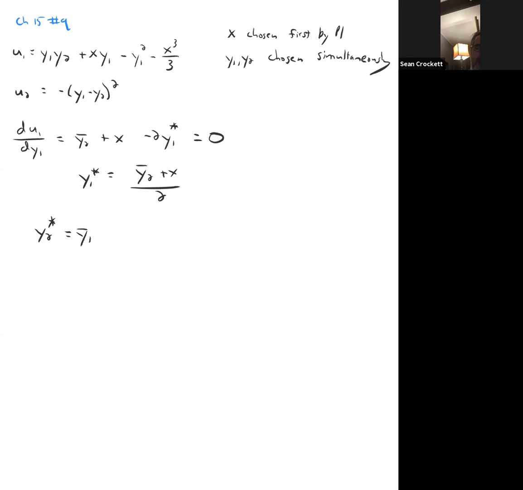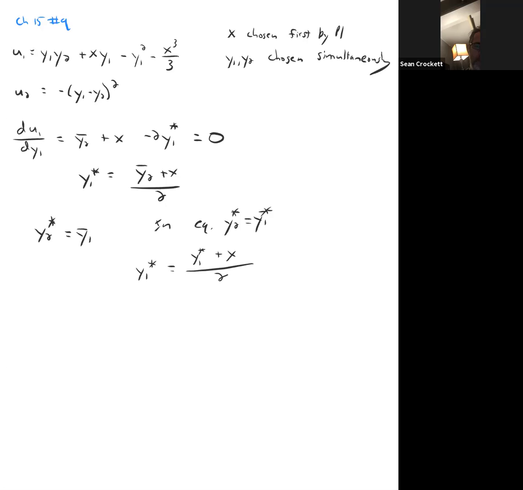Okay, and so now in the second period, they have to play an equilibrium in that subgame. So in equilibrium, y2 star equals y1 star. Okay, and so y1 star equals y1 star plus x divided by 2.